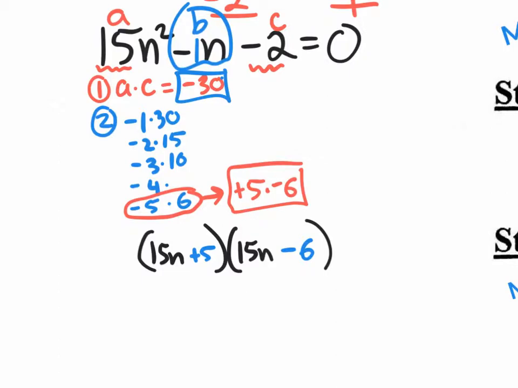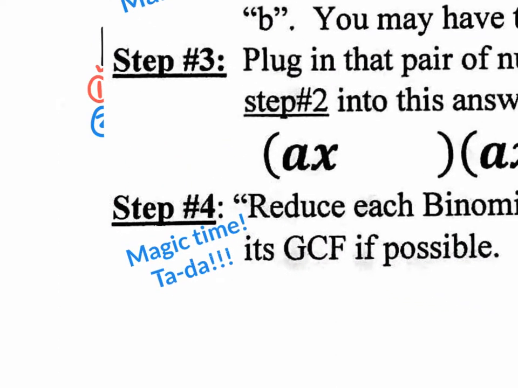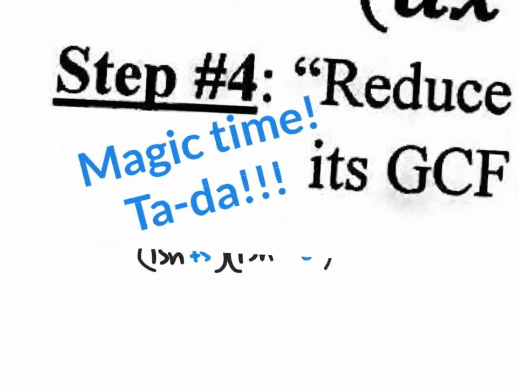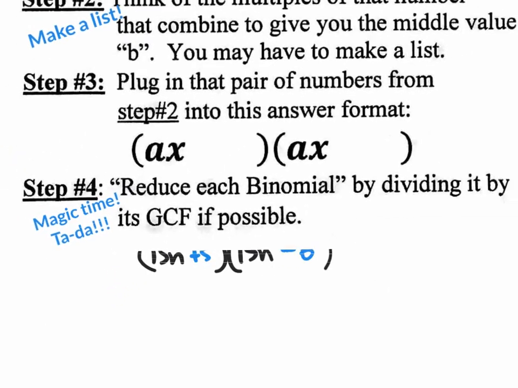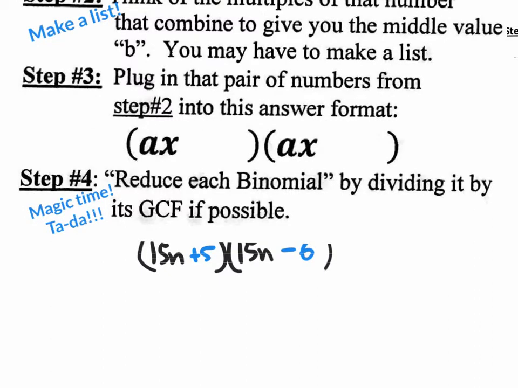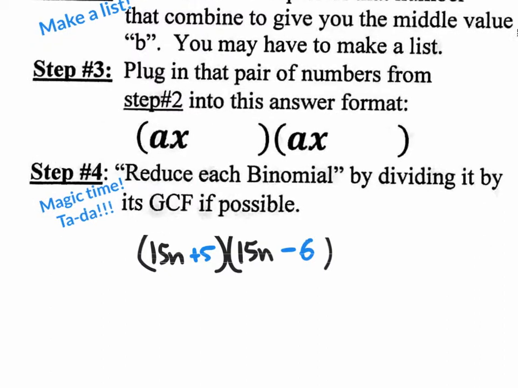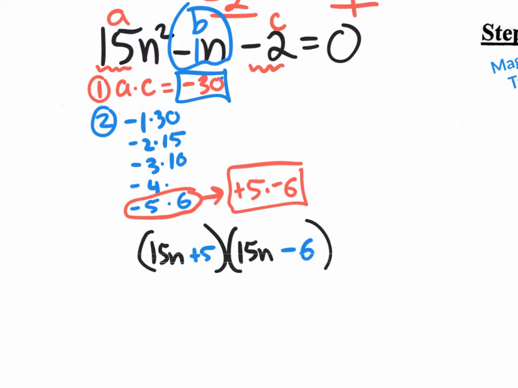And the fourth and final step, right? This is where I call the magic step. It's magic time. You want to get a ta-da. And what is this magic? You're going to reduce each binomial by dividing it by its GCF if possible. So you're not going to actually factor out anything. You're just going to magically divide the 15 and the 5 by what?